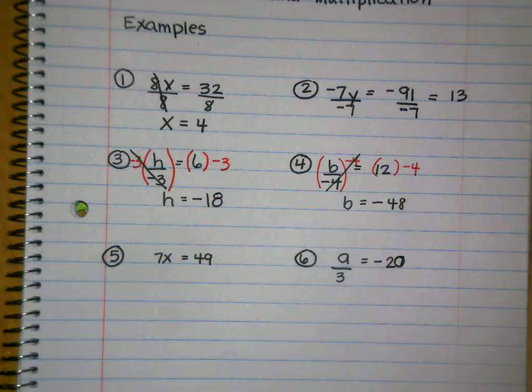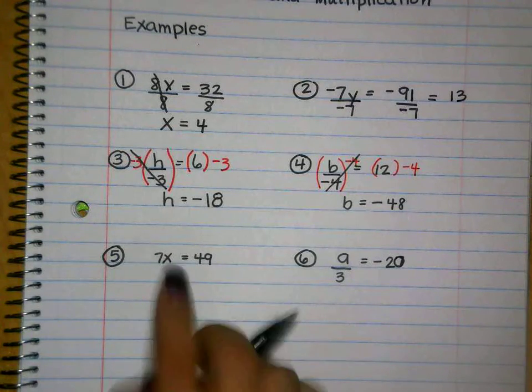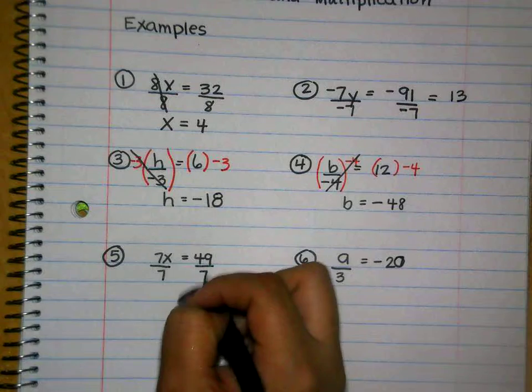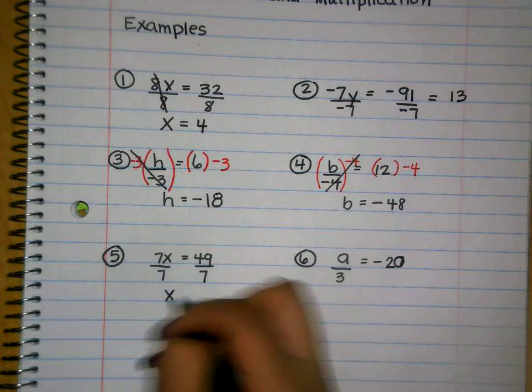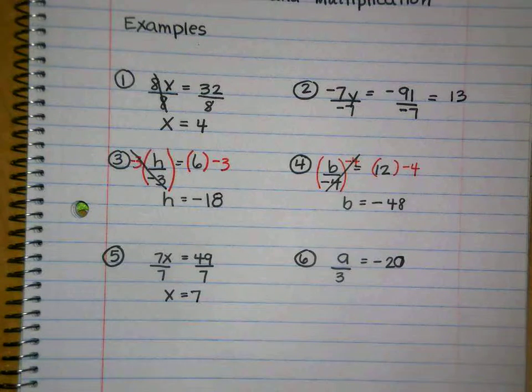So now that you've solved it, I'm going to solve it with you. So this should be after you've pushed the restart button. This is 7 attached to the x. This is attached by multiplication, so we're going to divide both sides by 7. And that's going to leave us x is equal to 7, since 49 divided by 7 is 7.